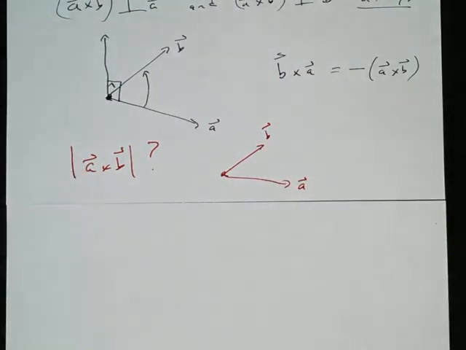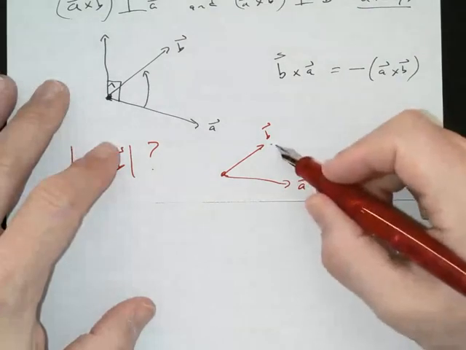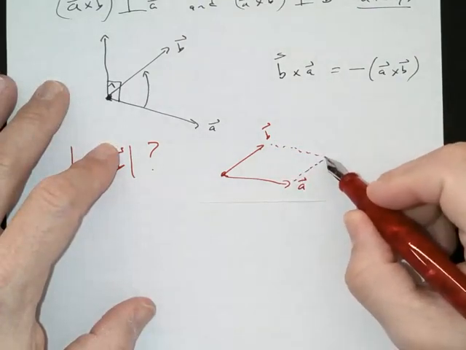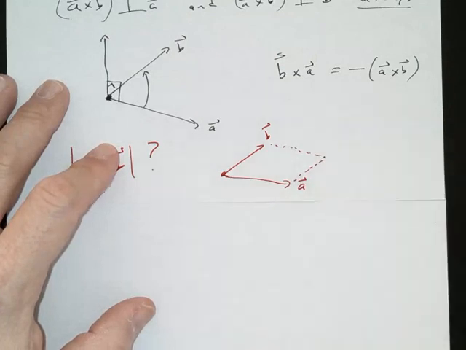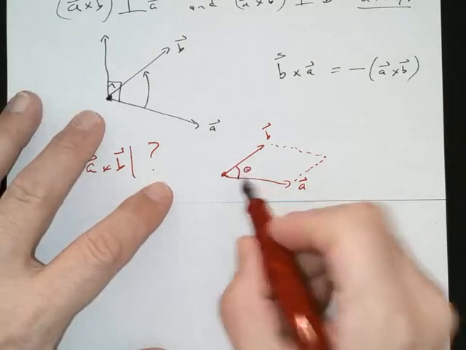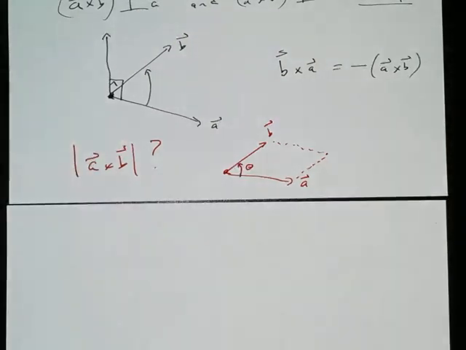Let's draw like we were adding. Let's draw a copy of A and a copy of B. And remember, we have this angle theta that's going from A to B. Well, now I don't have the length of the side of the triangle.